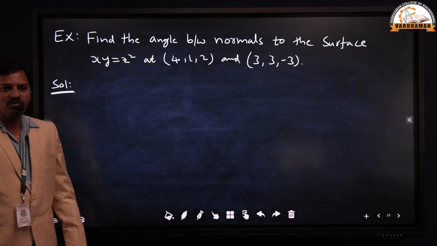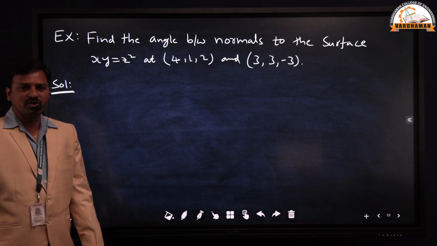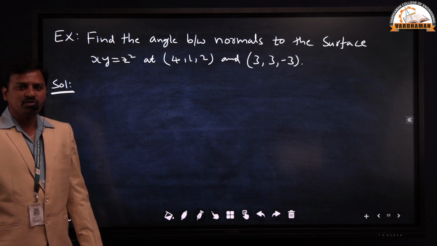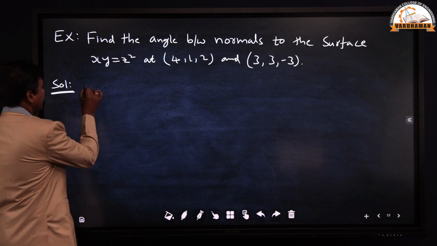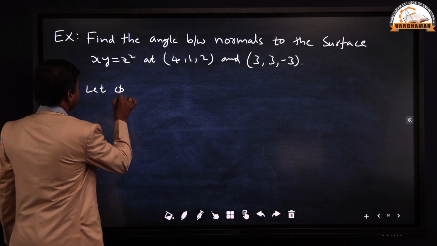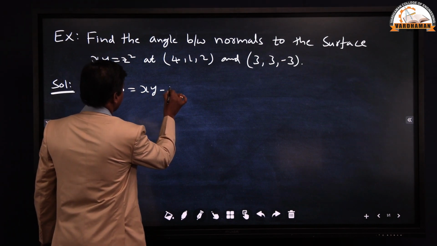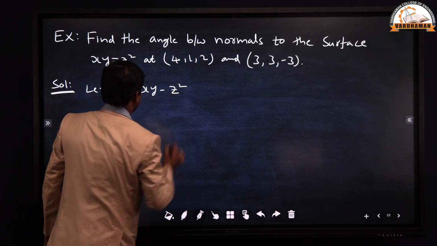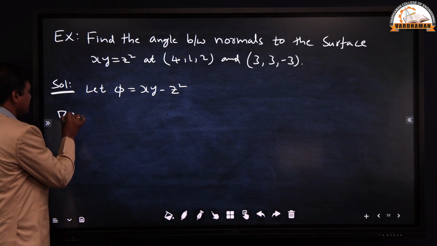Next example, find the angle between the normals to the surface xy equal to z square at the points 4, 1, 2 and 3, 3, minus 3. So let pi equal to xy minus z square and find the normal to this surface.